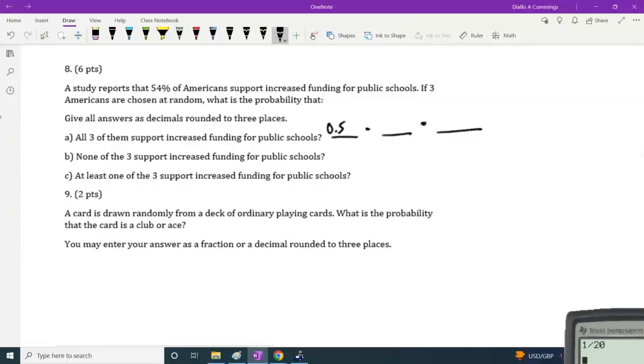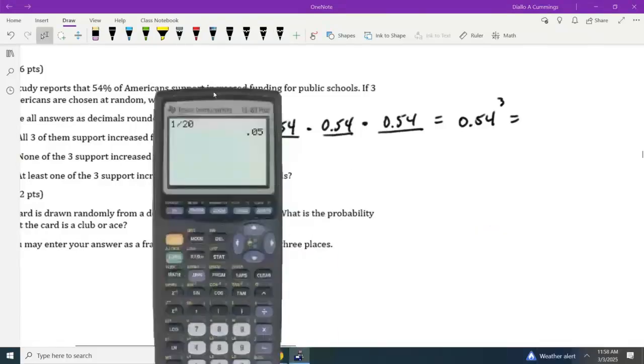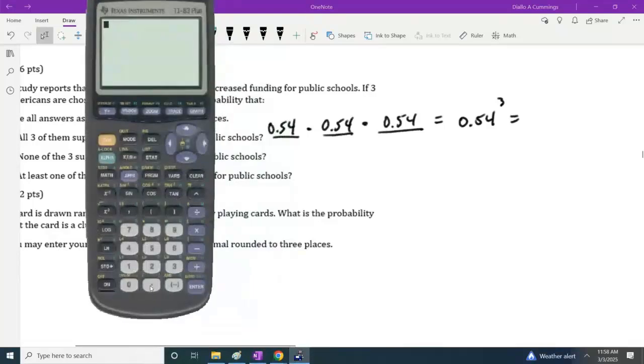So I'm going to decimalize that as 0.54. The probability that the second person supports increased funding should also be what? 54. And that should be the same as that third person. So we're going to take 0.54 and raise that to the third power.